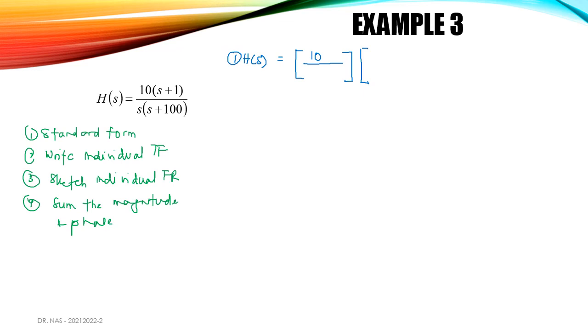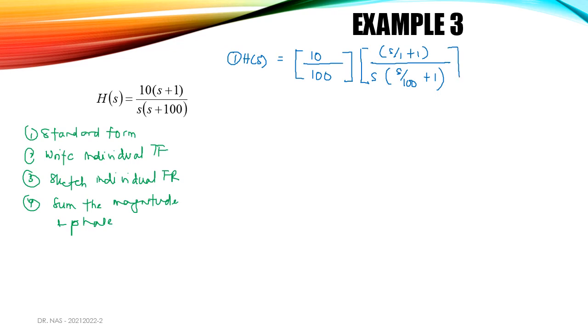Make sure that all s terms are added by 1. So here the first one, s divided by 1 plus 1; divided by the bottom one, you have a single s, so you have poles at origin; and then you have s divided by 100 plus 1, and don't forget to take out the 100.